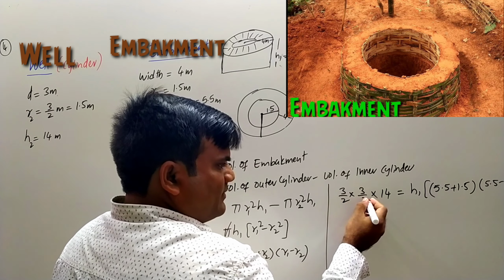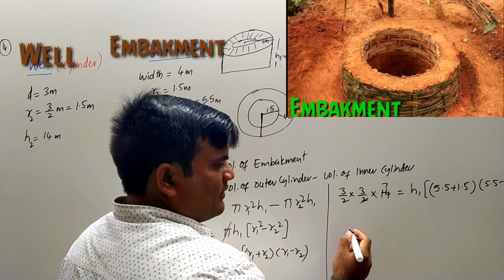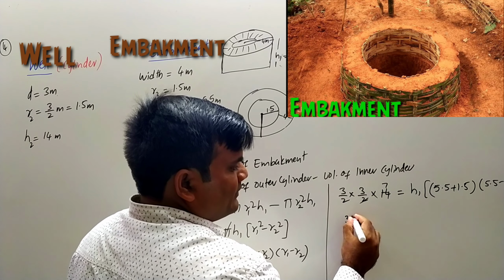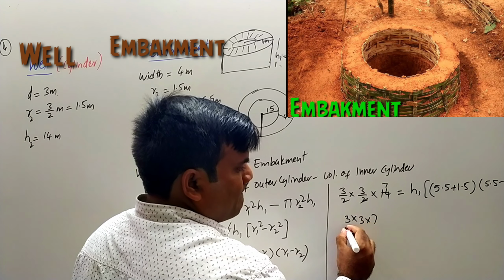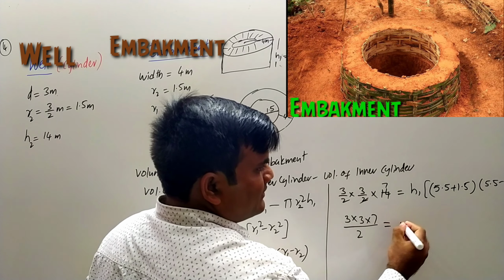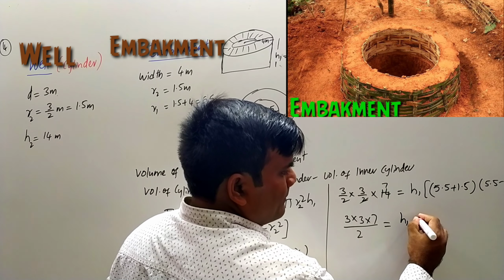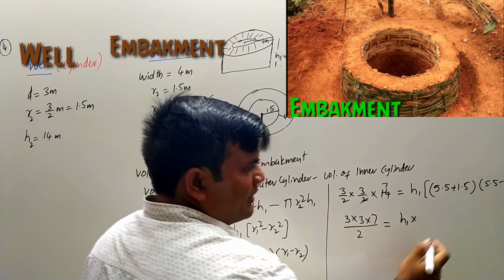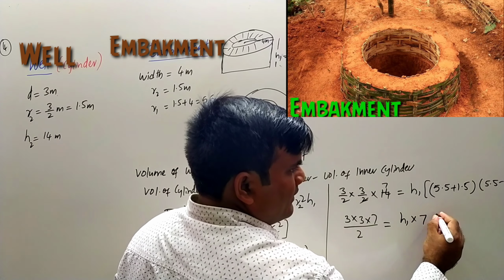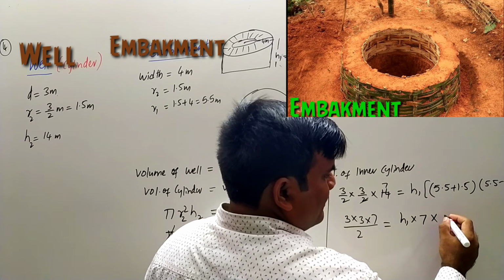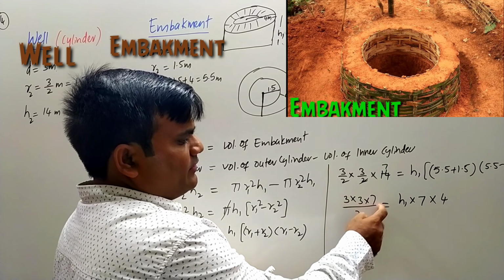So 2 cancellation, 2 ones are 2, 7 twos are. So here 3 into 7 by 2 is equal to h1 into 5.5 plus 1.5, that is 7, into 5.5 minus 1.5, that is 4. So 3 into 7 by 2 equals h1 into 7 by 4.